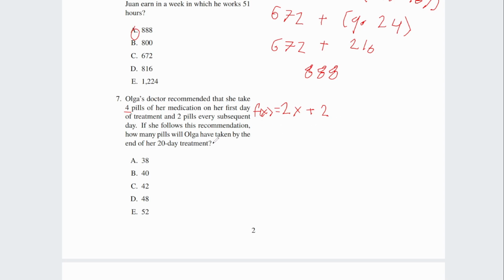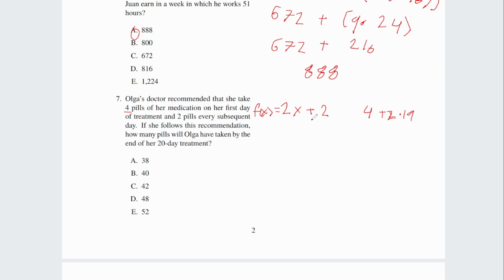Or we could also think of it this way, 20 days, so it's 4 pills on the first day and 2 pills for the other 19 days. So we could say 4 plus 2 times 19. And these are going to lead us to the same answer.